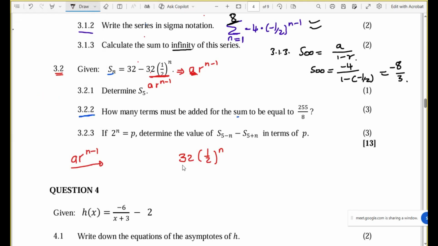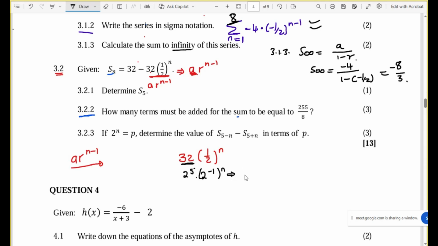So now, can someone tell me what 32 is? That is 2 to the power 5. I'm not sure what I'm doing here will work. So this will be 2 to the power 5 times 2 to the power minus 1, and this is to the power n. Will this work?